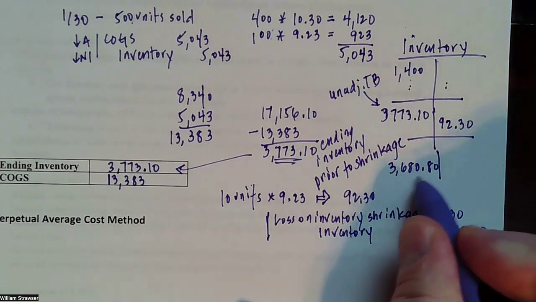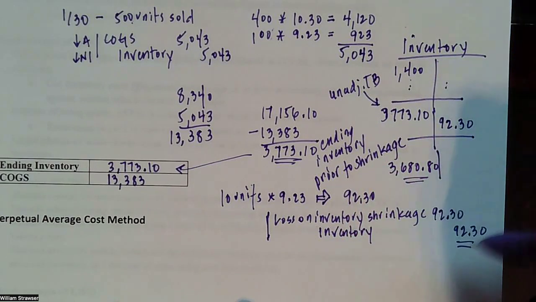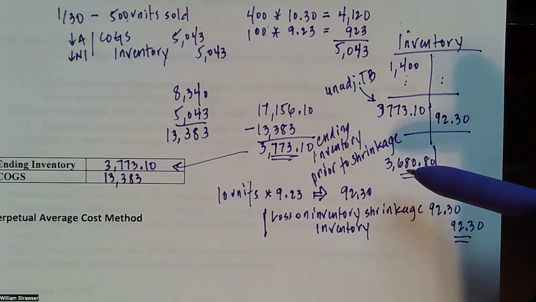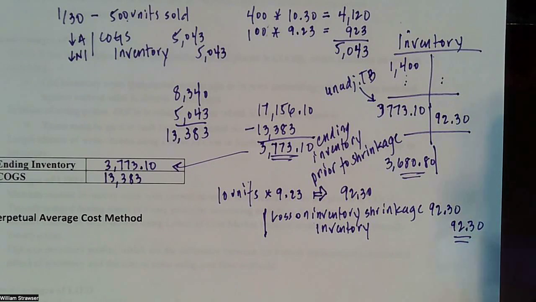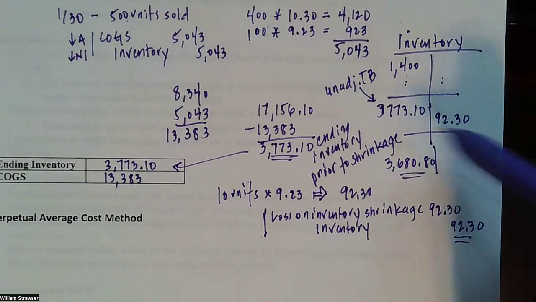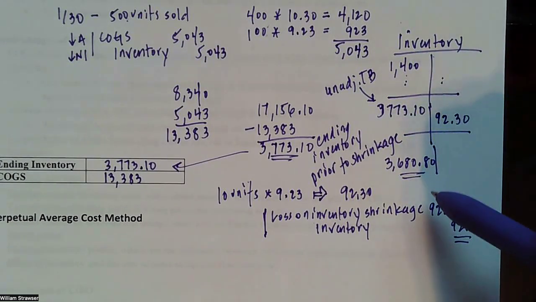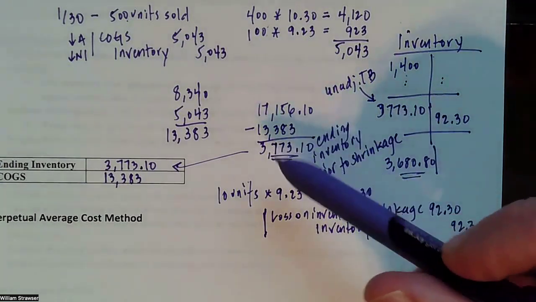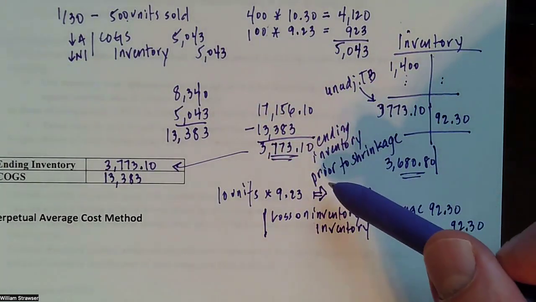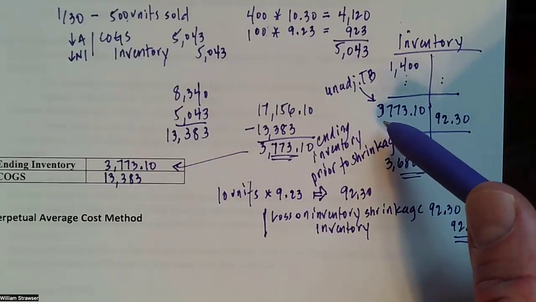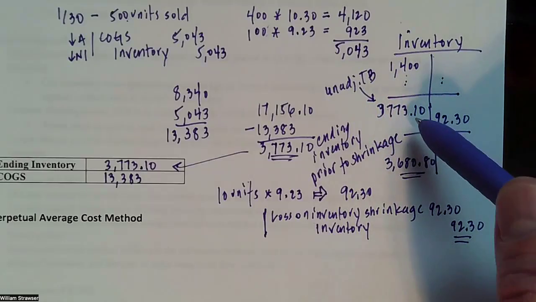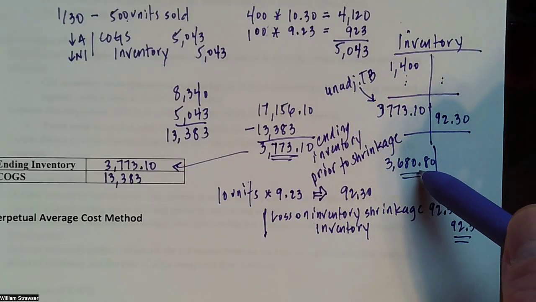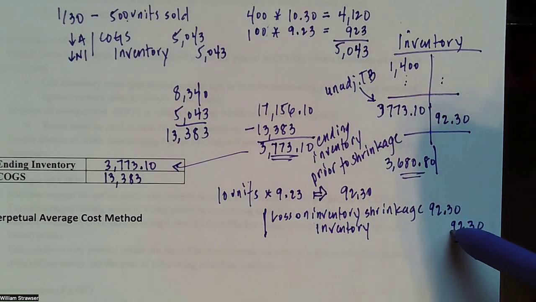Sorry, that T account got a little lopsided there, but that would be my adjusted balance after I adjusted it for that inventory shrinkage. That's how that would play out between unadjusted to adjusted balances. That's what I meant about this being my ending inventory prior to shrinkage. So prior to that adjustment, it's this amount, but then I incorporate that to bring it to its true value. This is the true value of my physical count.